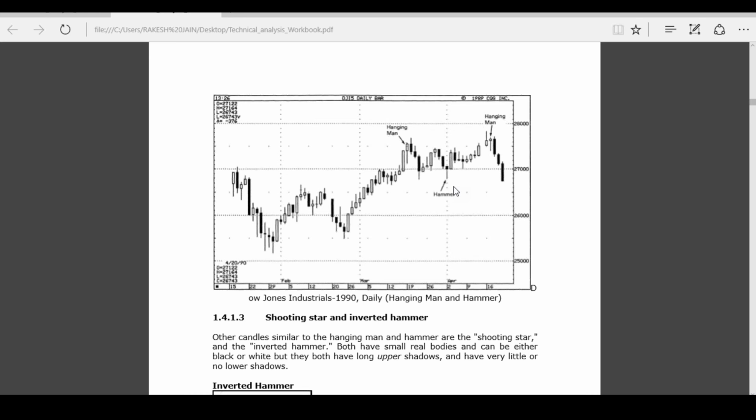To prevent yourself from being stopped out, just keep it a bit higher or a bit lower. So if you're selling, sell below the low, keeping the high as stop loss. If it's a true hammer or a hanging man, it will give you a move in just about a week. Within a week, the movement will start. Clear, everyone?